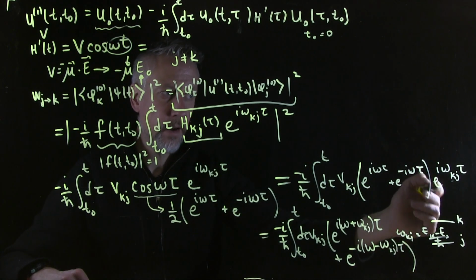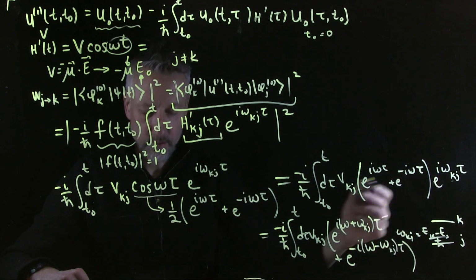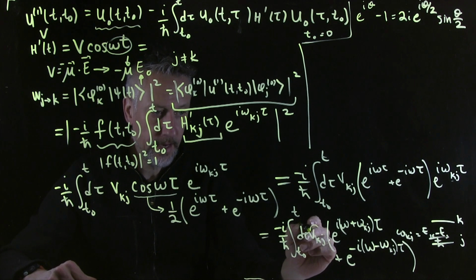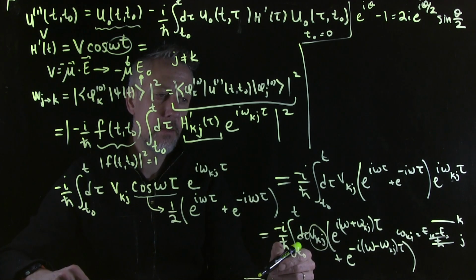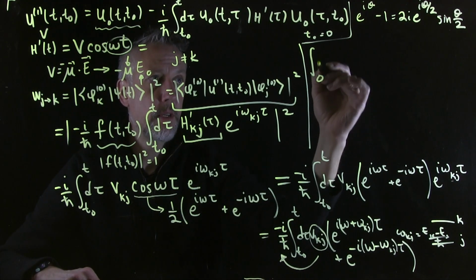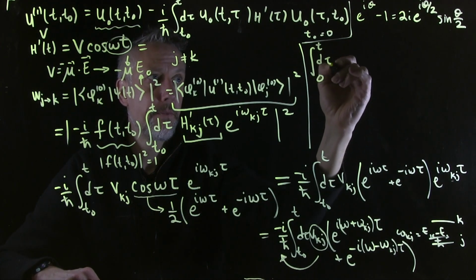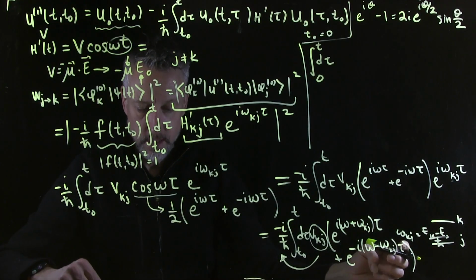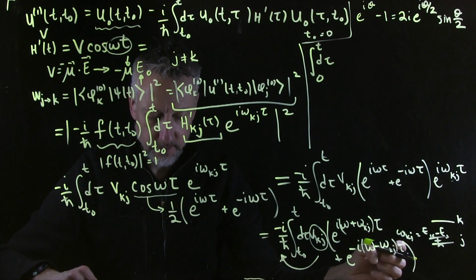The sign here is always positive, so if we put a minus sign, we have to have a plus. Now, remember this v_kj is not a function of time anymore, so it can come out of the integral, an integral between 0 and t d tau of these two different terms. And I'm just going to write them down here.